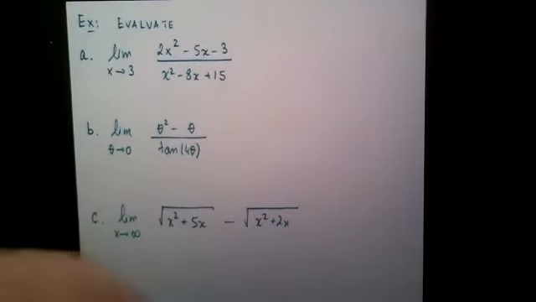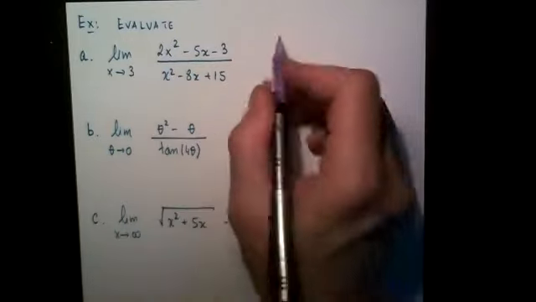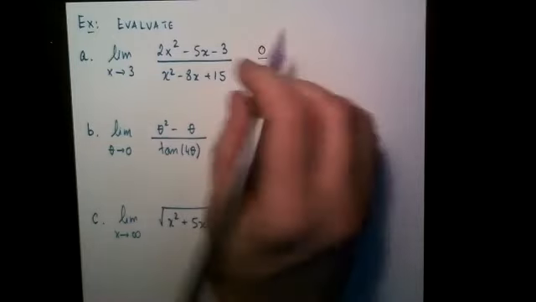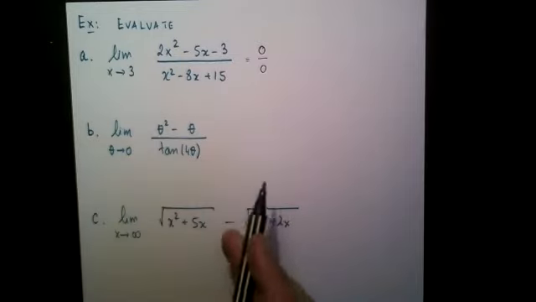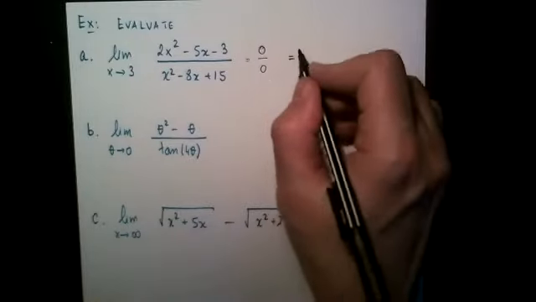The first thing we do here, of course, is replace x with 3. If you replace 3 on top, you get 0. And if you replace 3 on the bottom, you get 0 as well. So what can we do? Give me 2 options. L'Hopital's rule is perfect. Or you could factor the top, factor the bottom, and start crossing out. But I think L'Hopital's rule is best.